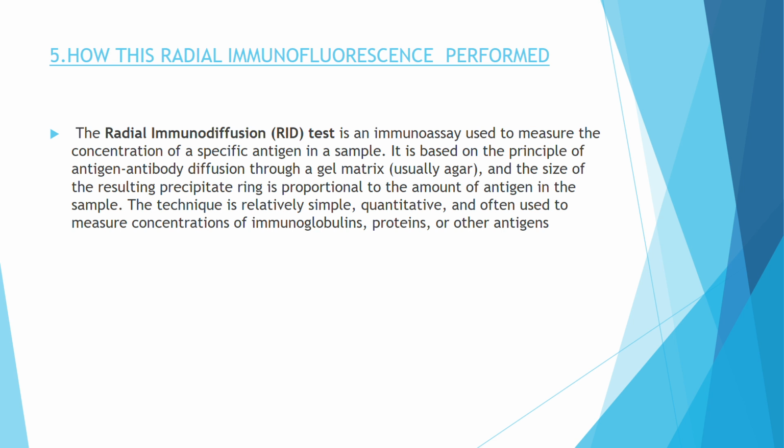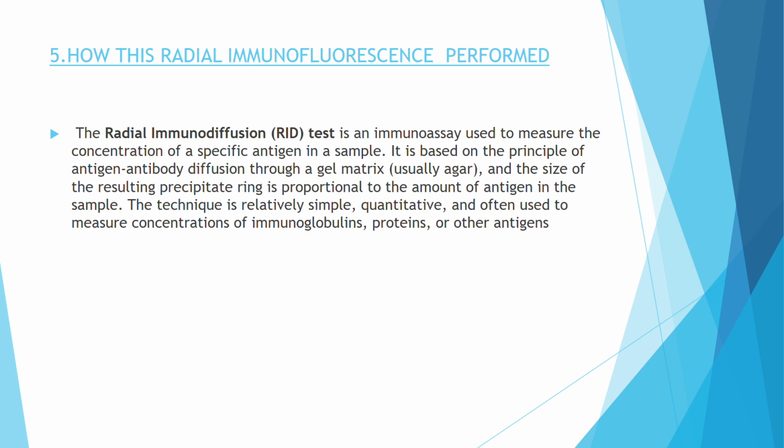The radial immunodiffusion test is an immunoassay used to measure the concentration of a specific antigen in a sample. That means if you have a sample with a certain antigen and you want to know the concentration of that antigen in that sample, that's where the radial immunodiffusion test is used.